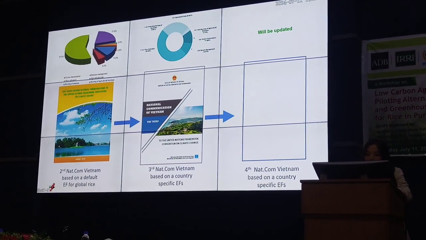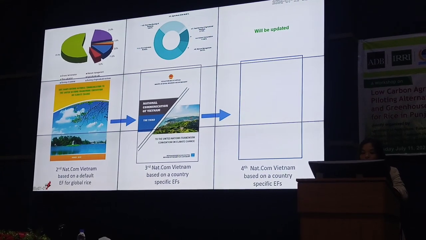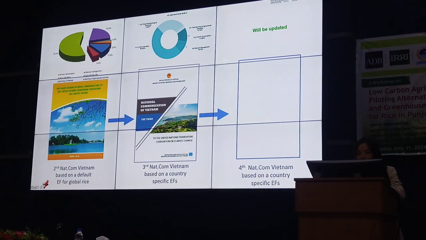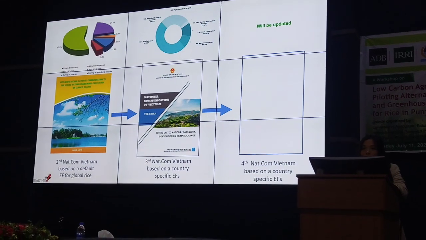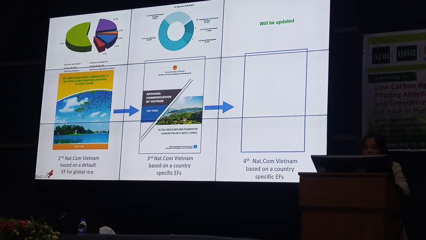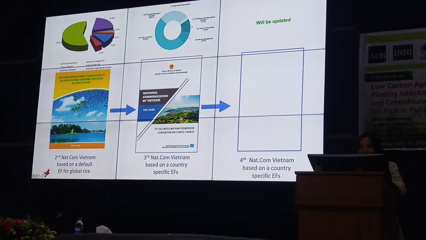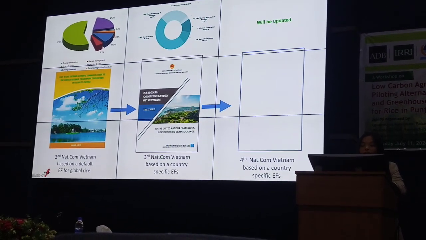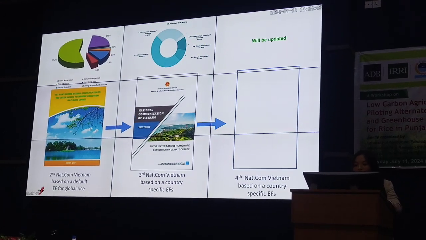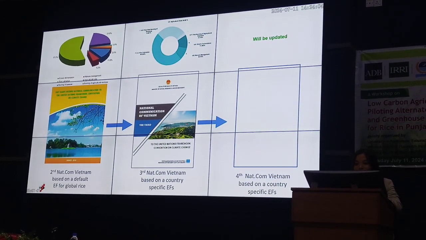Then a few years after that, in the third national communication, we already applied the Tier 2 approach, and we expect that our detailed emission factor will be used in the forthcoming fourth national communication.